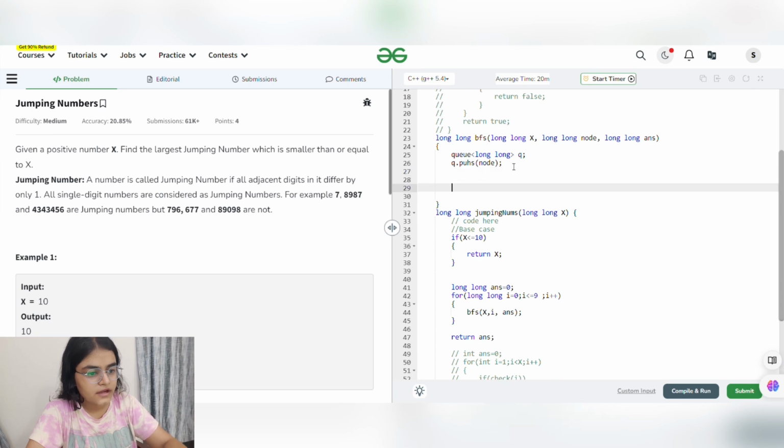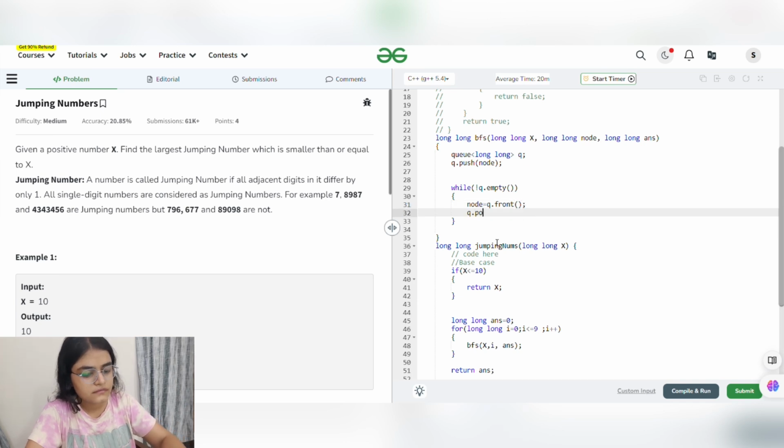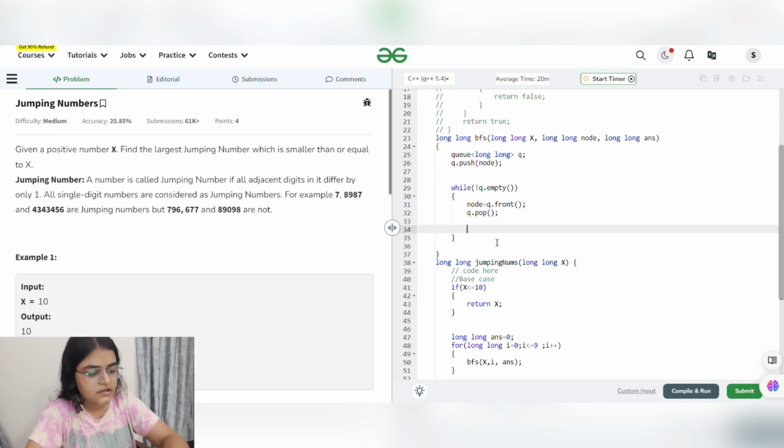Now, while not q dot empty, we'll take node equals q dot front, then q dot pop. We'll have to check if node is less than or equal to x, then only enter this region.